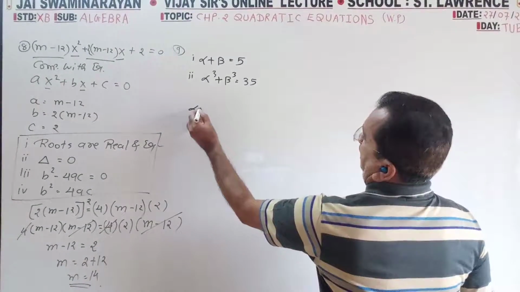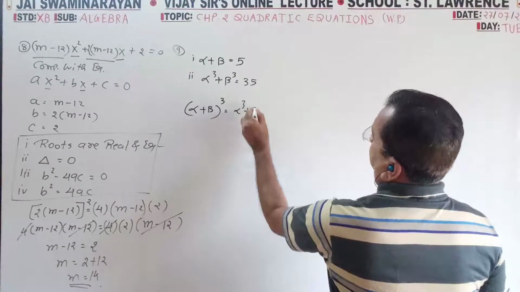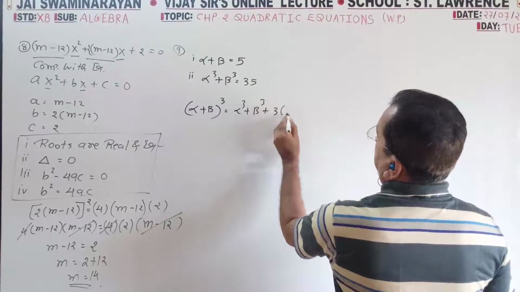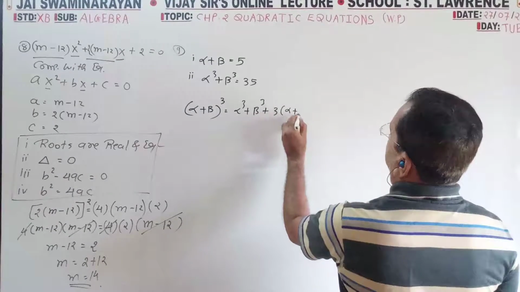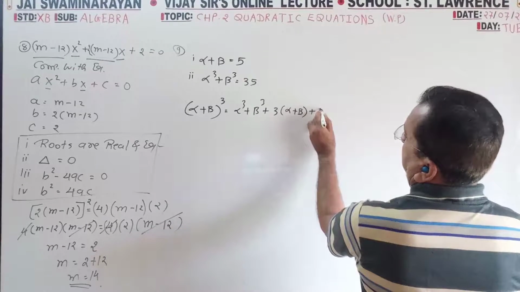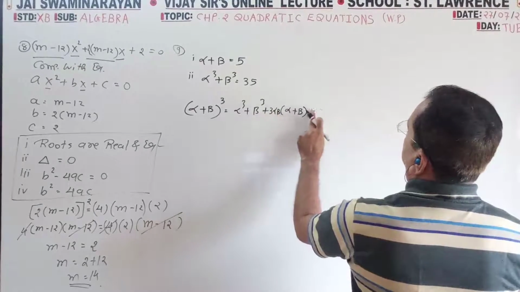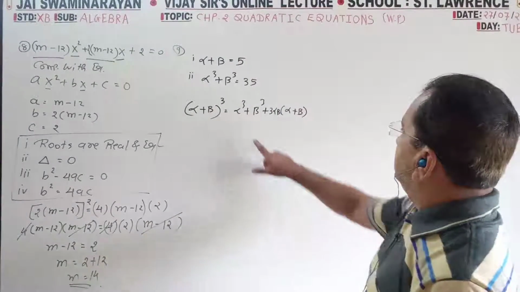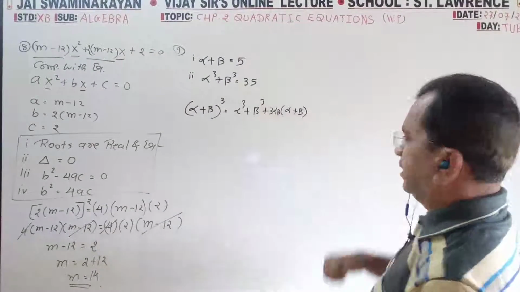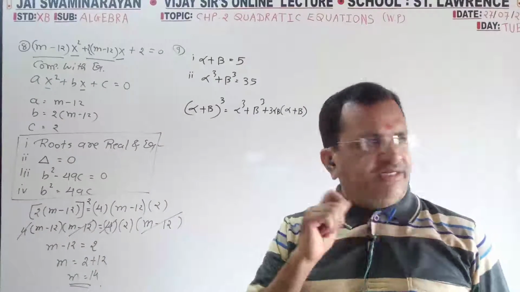So, (alpha plus beta) whole cube is equal to alpha cube plus beta cube plus 3 alpha beta (alpha plus beta). Like a cube plus b cube, correct. So like that you have to write the formula.